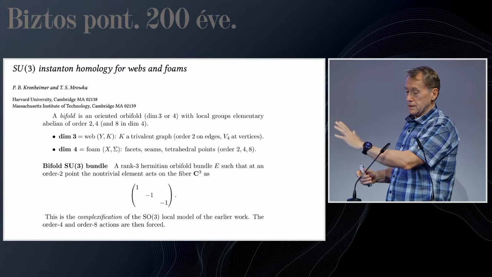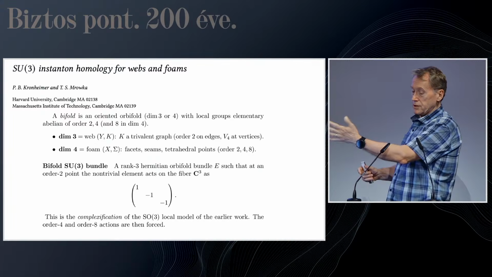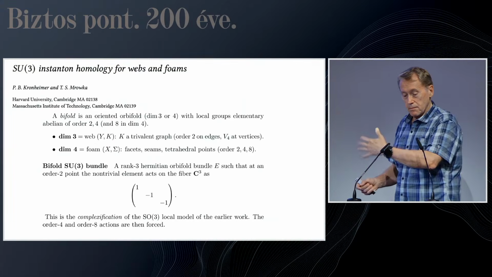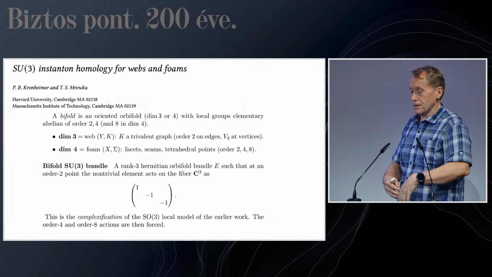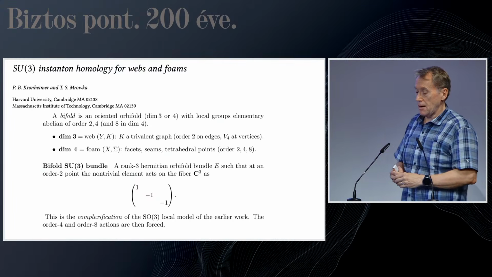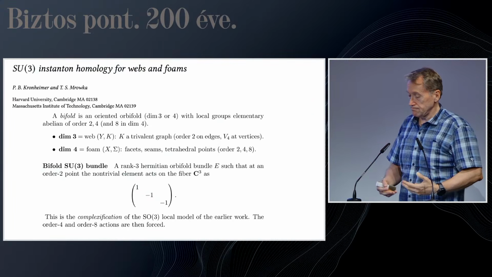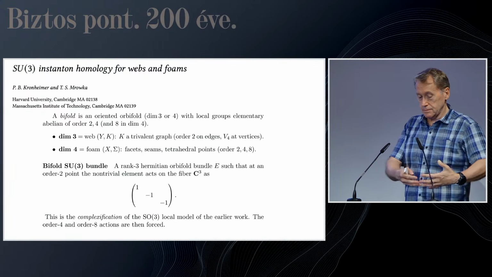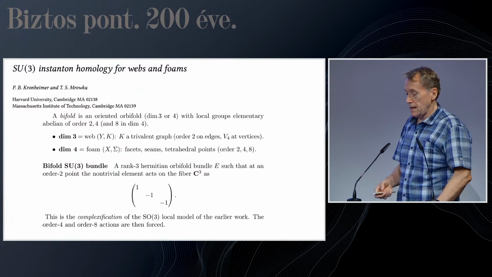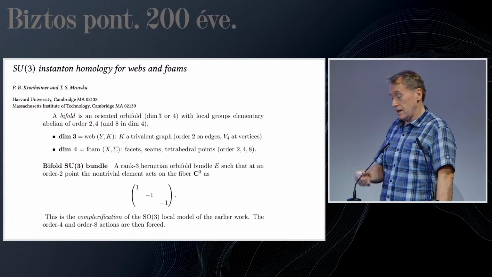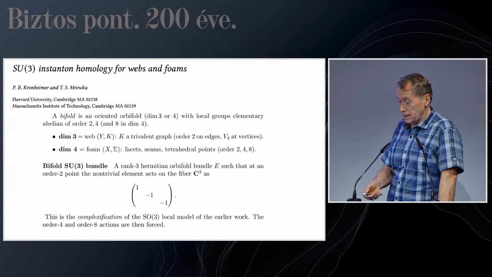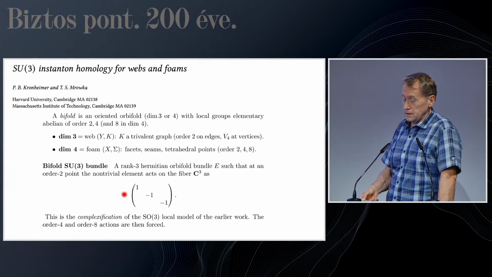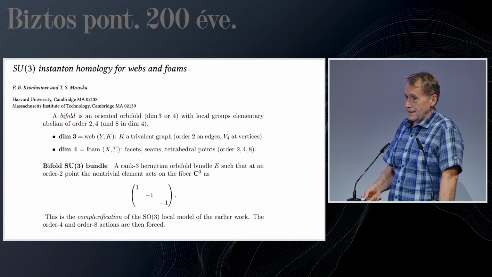If it admits complex conjugation globally, in other words, it's the complexification of a real bundle, then the SO3 quotient space is a subset of the SU3 space, and it's the fixed point set of the involution. So you might hope that Smith theory would apply.